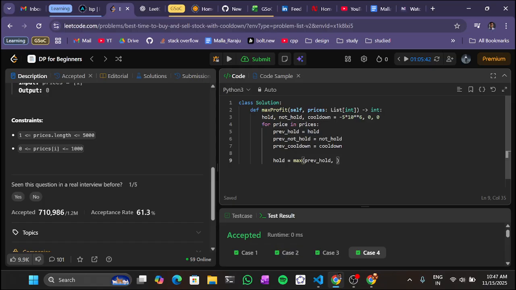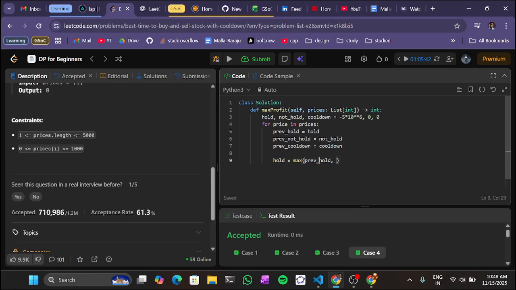Currently we are choosing whether or not to hold.